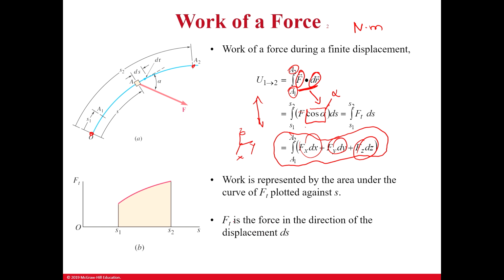All right, so the final force is in the direction of displacement along the arc S. So the whole area under the curve will be the final force. If they give you the function S in a parametric approach, then it will be pretty simple.